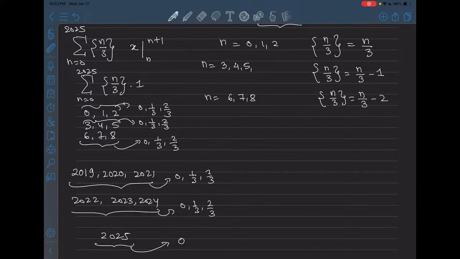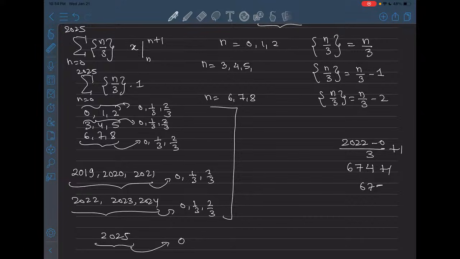Okay, so now let's see how many sets there are. Up to 2022, so 2022 minus 0 divided by 3 is 674, because this is 674, we add 1.